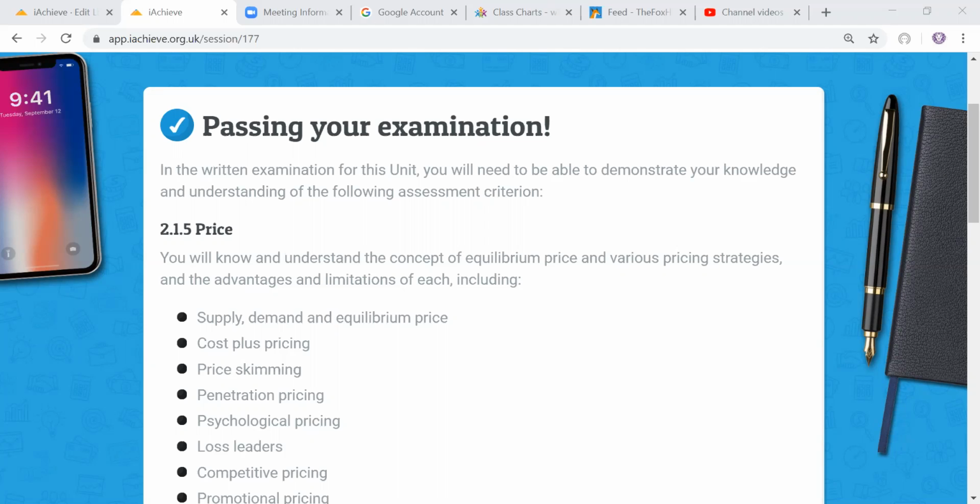So looking at price for a moment. There are, as we discussed, four aspects that are crucial to the success of any product in a company.